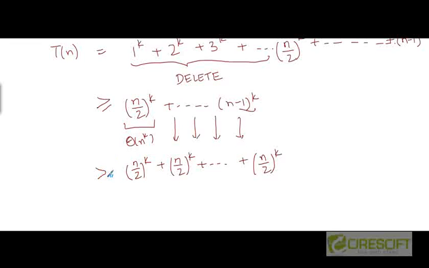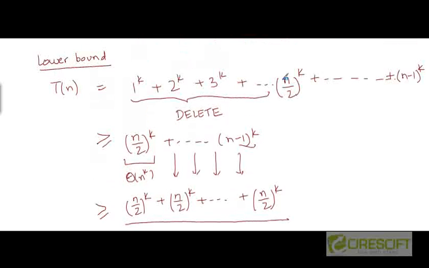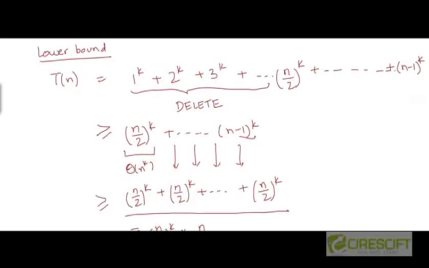And by doing so, we would be further decreasing the value of this truncated series. So we can say that T of n is going to be greater than or equal to this modified series now. And this series evaluates to n by 2 to the power k times the number of terms in this series, which are going to be approximately n by 2, because this series is 1/2 of the original series, which had n minus 1 terms in total.